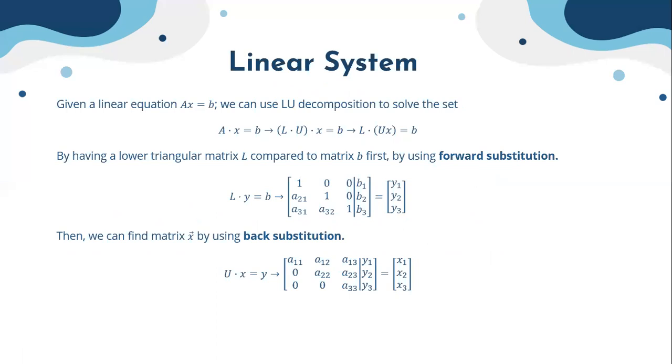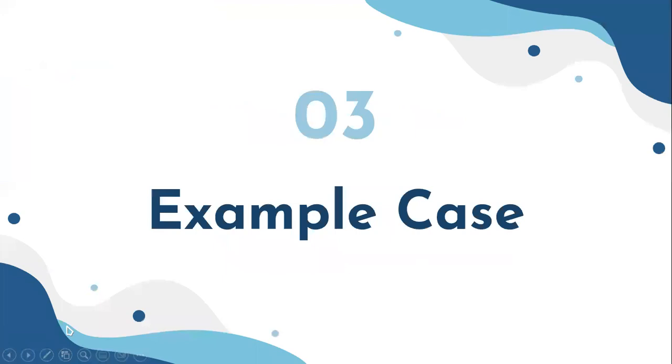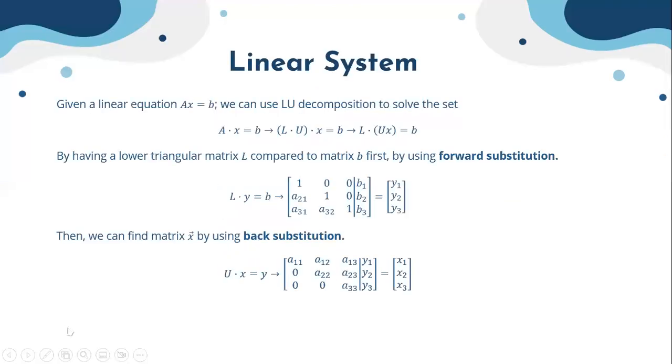Then we are going to group together U times X and compare the matrix L, the lower matrix, with our value B. By comparing the triangular matrix L to the matrix B, we can use forward substitution to find a middleware matrix Y, which we can then use to compare with our group UX above to find the X matrix easier by using back substitution this time.